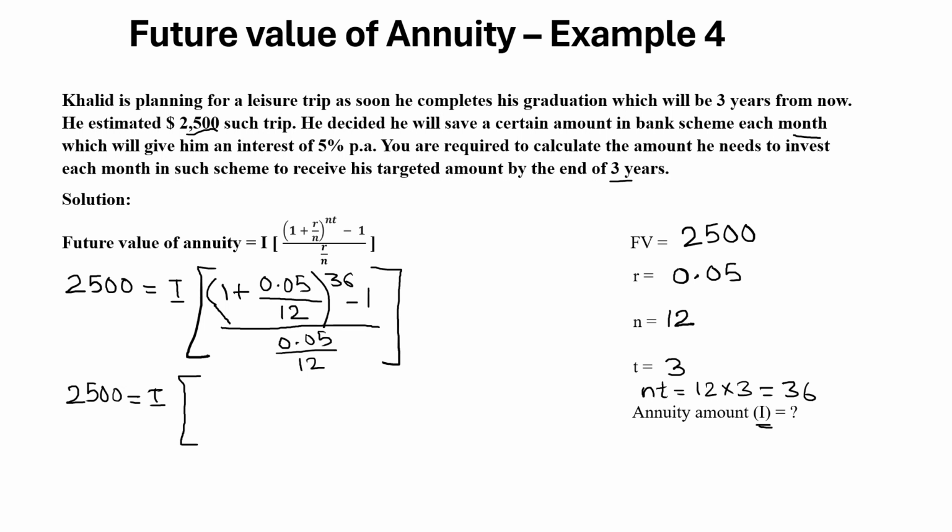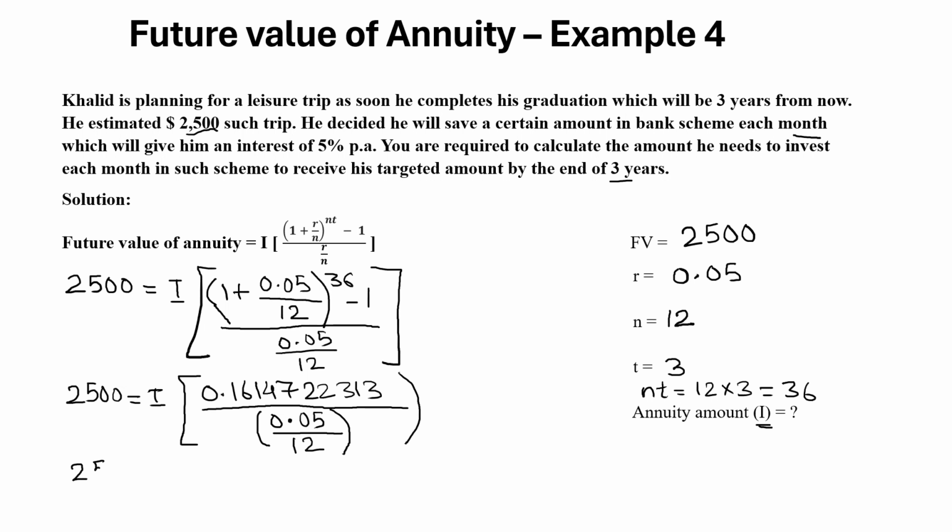What answer are you getting? 0.16147222313. What you will do? Keep this answer on your calculator. Don't delete it. Just write it here, and after that take the calculator, press divide, and then open the bracket, type 0.05 divide by 12, bracket close. This is how you should calculate.